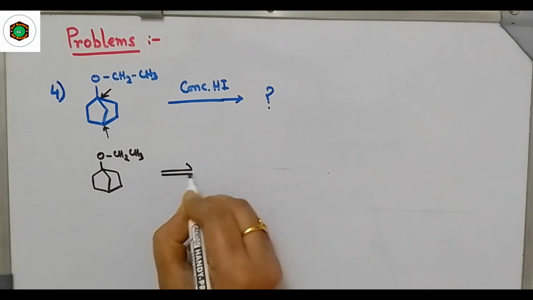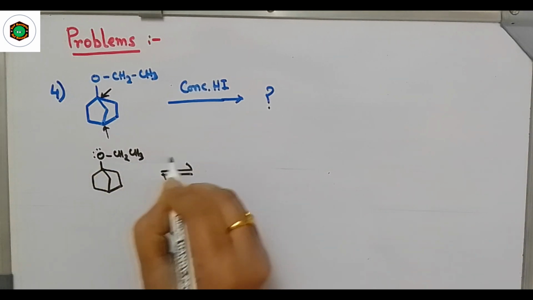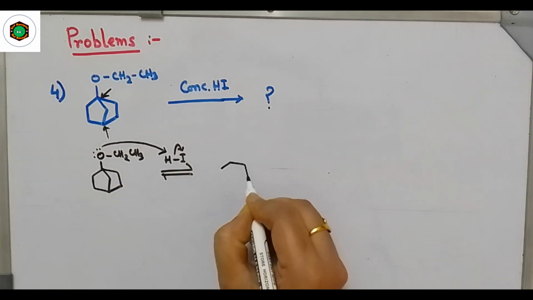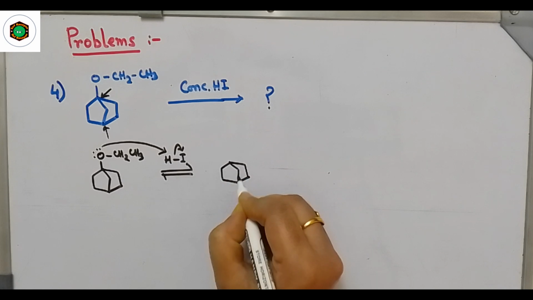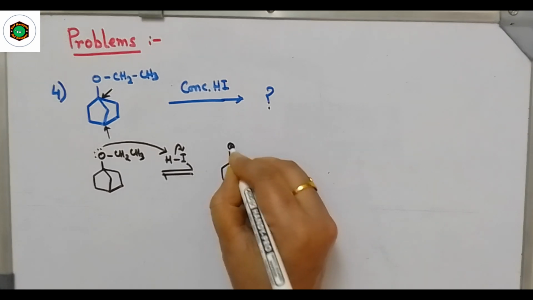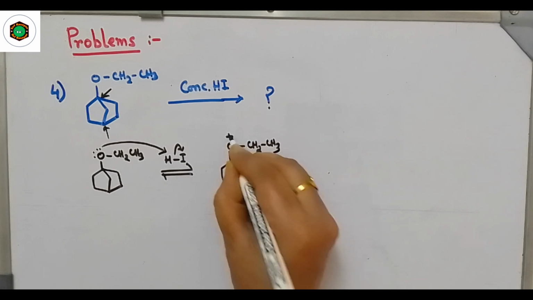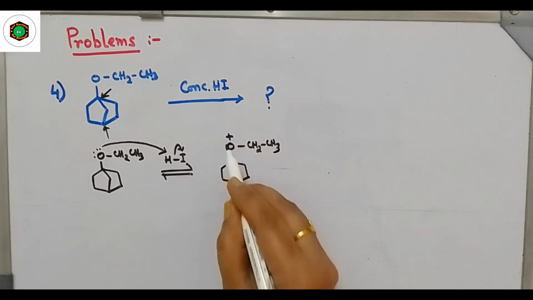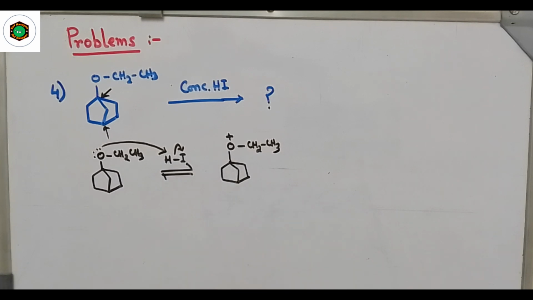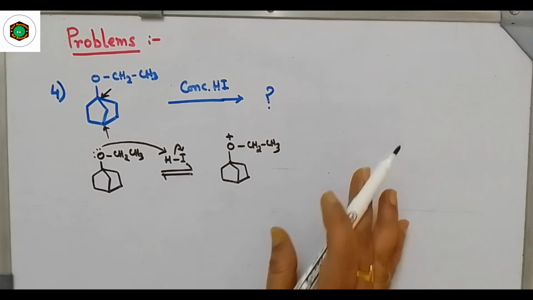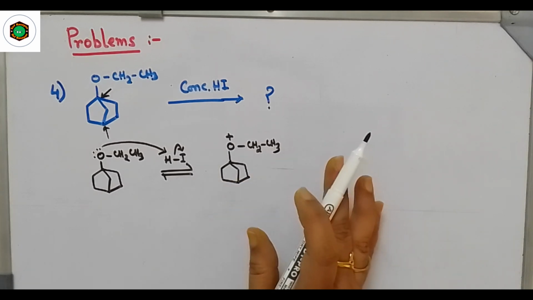At the first step, the oxygen lone pair will be donated to H plus and we will get the oxonium ion. As I told you, this bond will not cleave because here at the bridgehead position there is no SN1 or SN2, or if the reaction takes place, it's very slow.